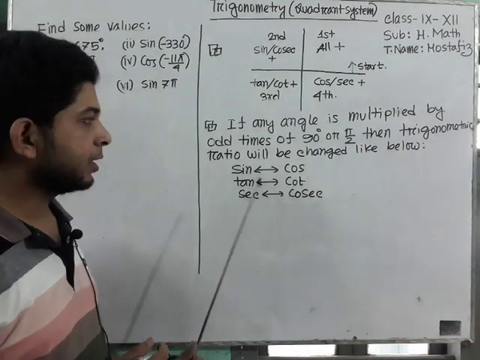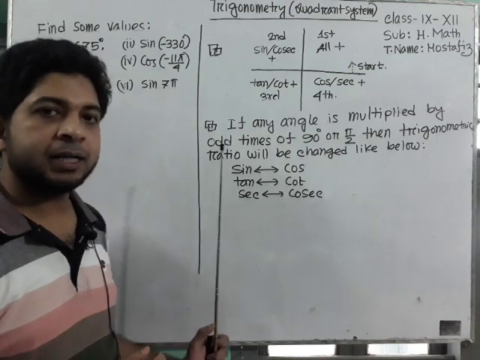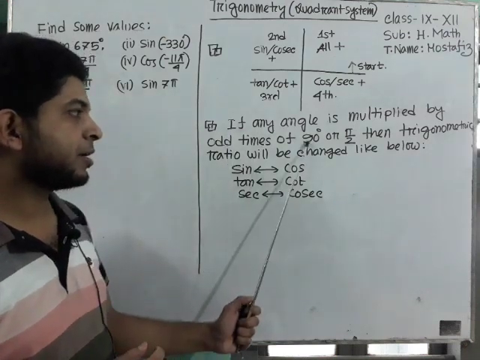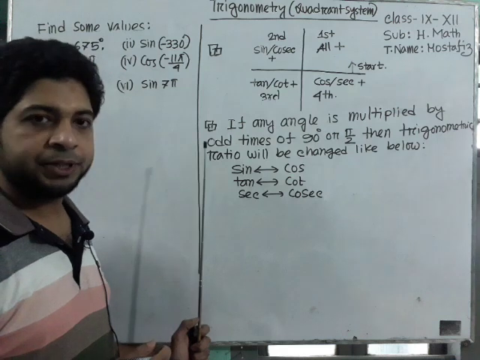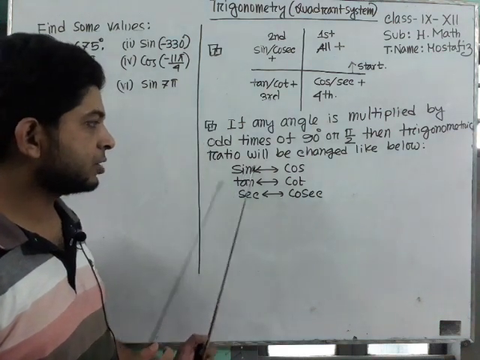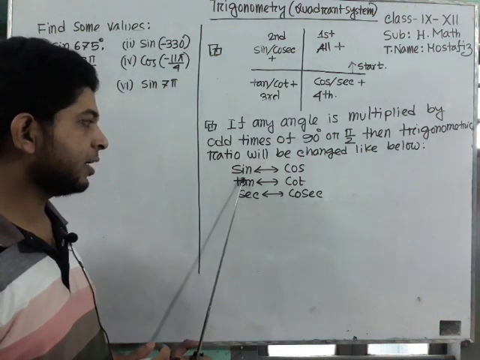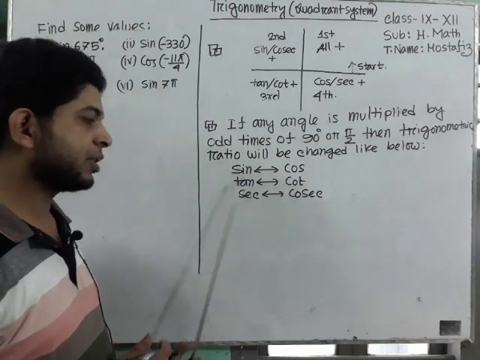Just keep in mind that when the angle is multiplied with odd times of 90 degree or pi by 2, then the trigonometric ratio will be changed. Like the sine, it will be cos, cos sine, tan cot, cot will be tan, sec will be cosec, and cosec will be sec.